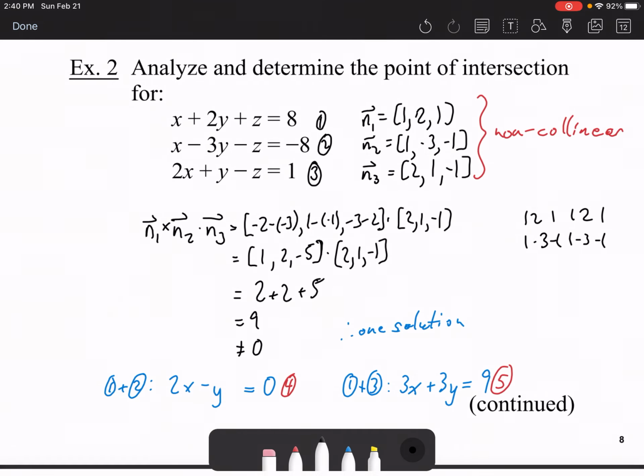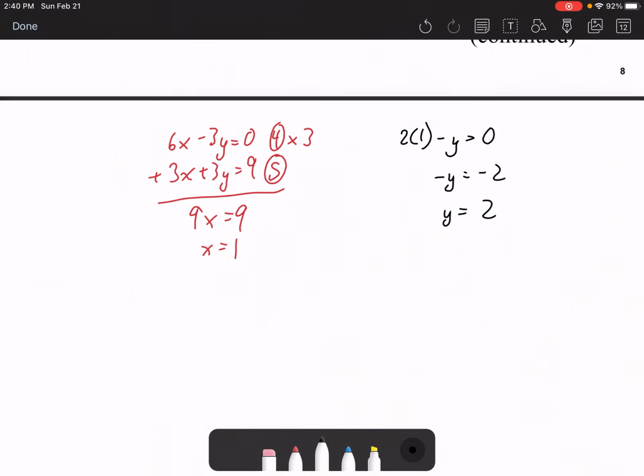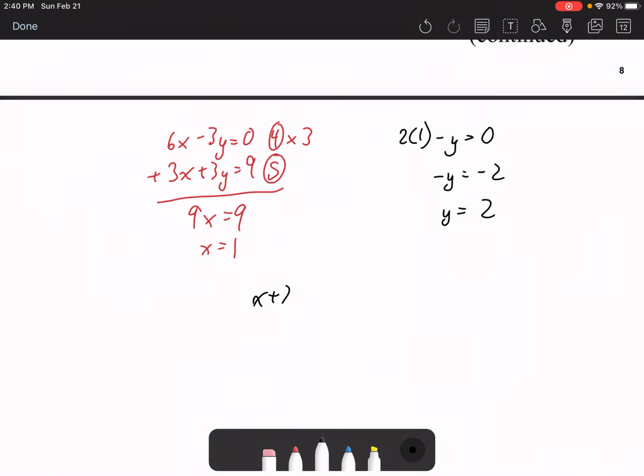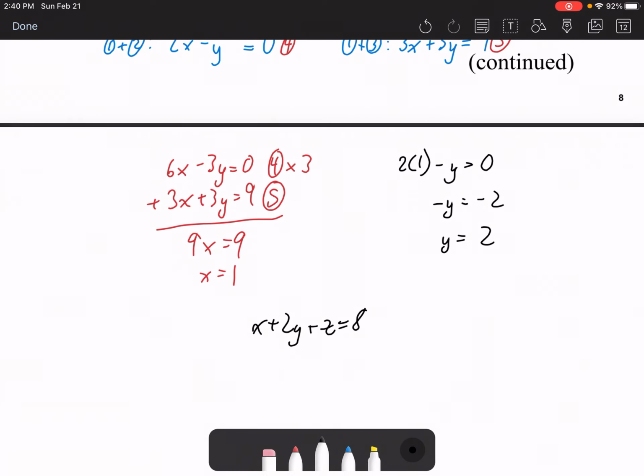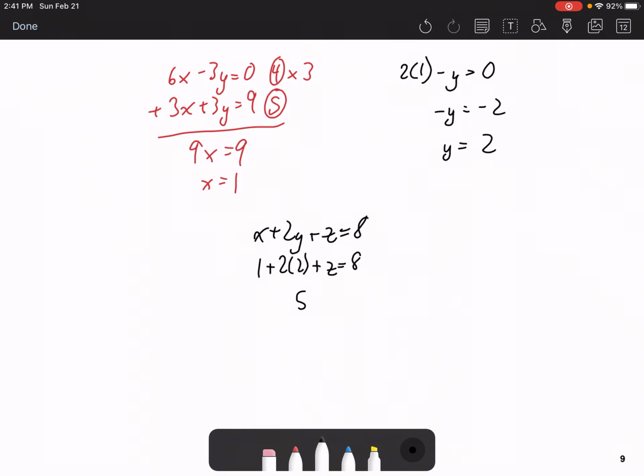Oops, what was that equation again? x plus 2y plus z. So x plus 2y plus z was equal to 8, I think. Yes, okay. So 1 plus 2 times 2 plus z equals 8. That equals 5 plus z equals 8.